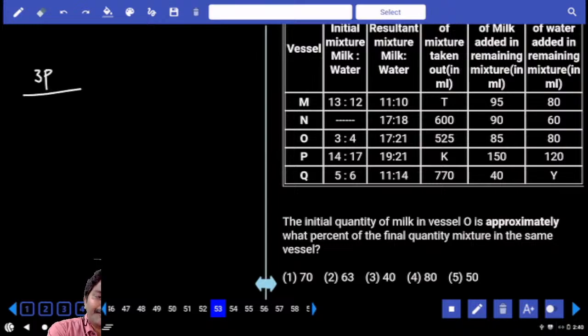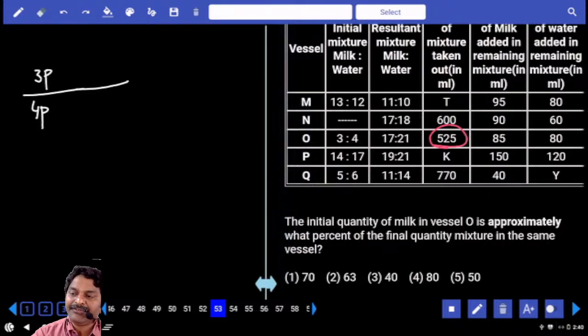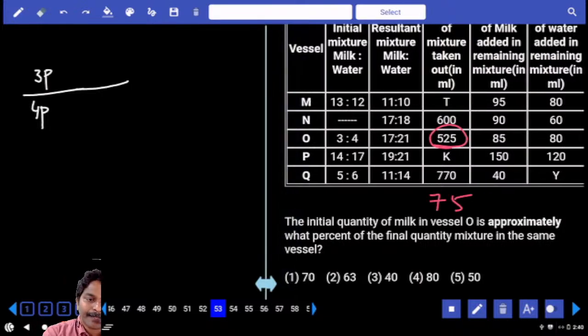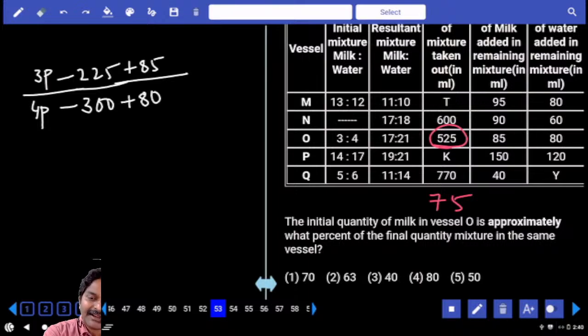Milk and water, 3 parts and 4 parts. 525 is taken out, which should also be in the ratio 3:4, 7 parts. 7 sevens 49, and then 5 times. 4 times is easy to calculate, so I'll write 300. Then the remaining 225 must be milk. To this, 85 ml of milk and 80 ml of water is added.